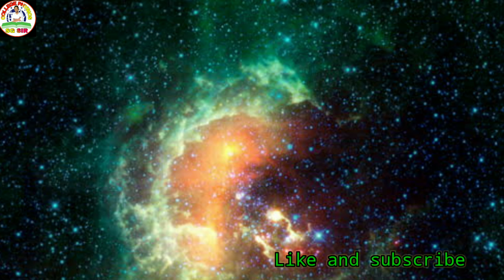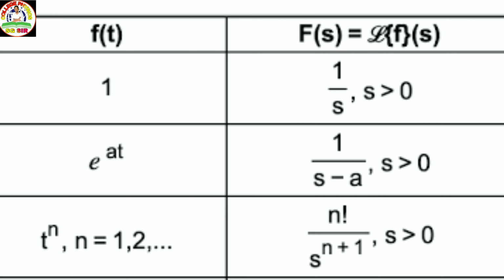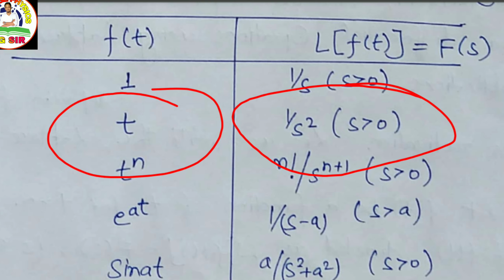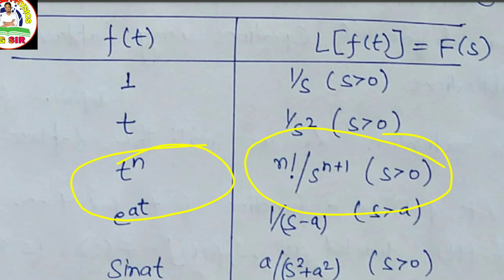In a similar way, we can find the Laplace transform for the following elementary functions. If f of t is equal to t, then the Laplace transform is 1 by s square, and for f of t equal to t to the power n, the Laplace transform of t to the power n is n factorial by s to the power n plus 1.